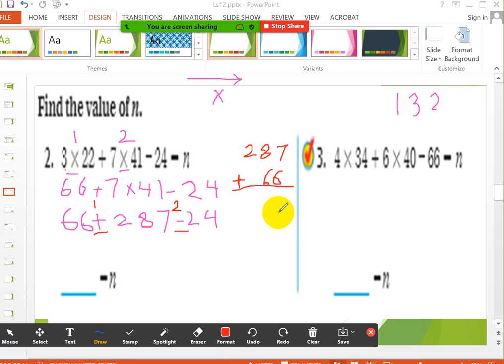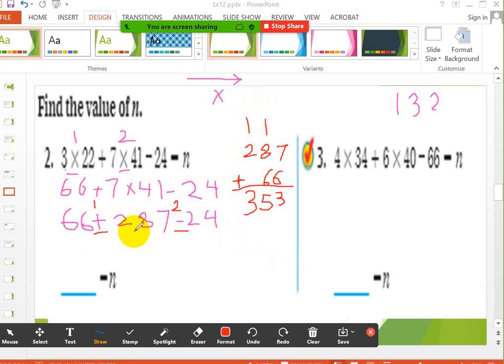If I put 7 in my mind and 6 on my fingers, it will be 13. So I will put 3 here and 1 above the tens. 1 plus 8 equals 9. 9 plus 6 equals 15. So I will write 5 here, and 1 above the hundreds. Now 1 plus 2 equals 3. So the answer for this addition is 353.